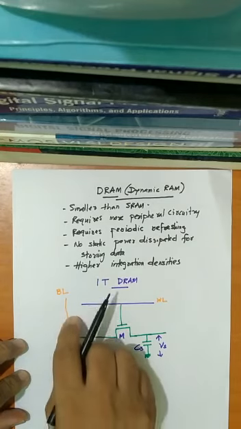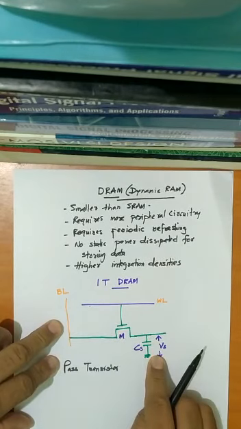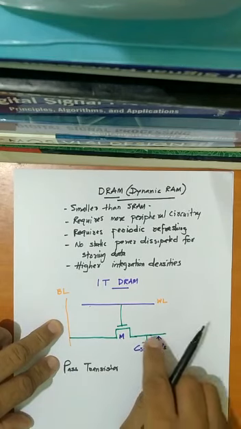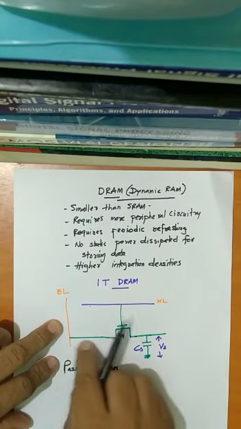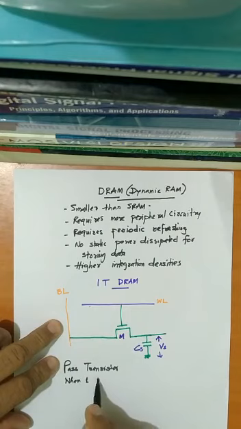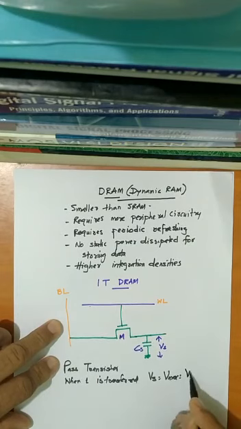So you place your data on this bit line, and the capacitor CS charges. Whenever a 1 is written into the cell, CS reaches the maximum value. So when a 1 is transferred, Vs equals V max, that is equal to VDD minus VT.